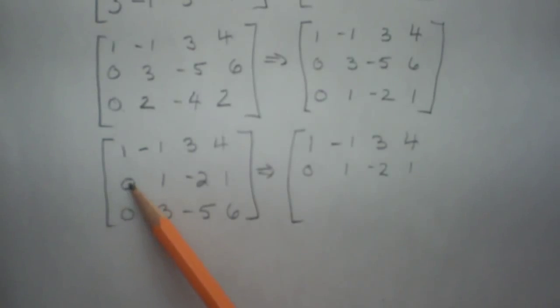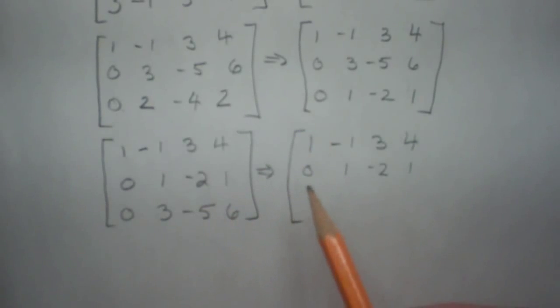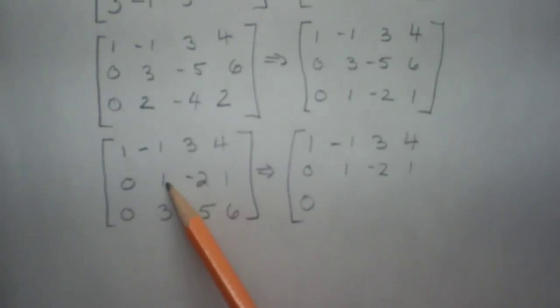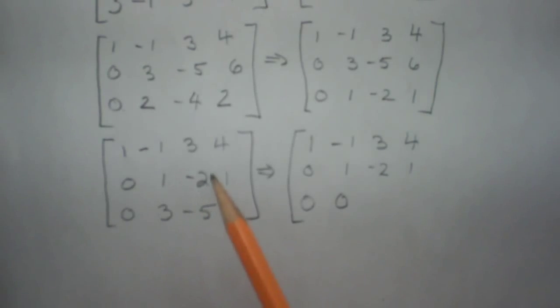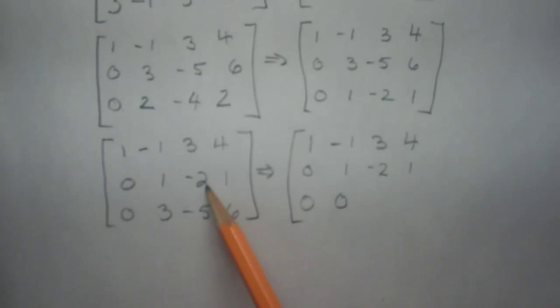So, negative 3 times 0 is 0, and 0 plus 0 is 0. Negative 3 times 1 is negative 3. Negative 3 plus 3 is 0. That's what we intended to have happen. Negative 3 times negative 2 is 6, and 6 plus negative 5 is 1.